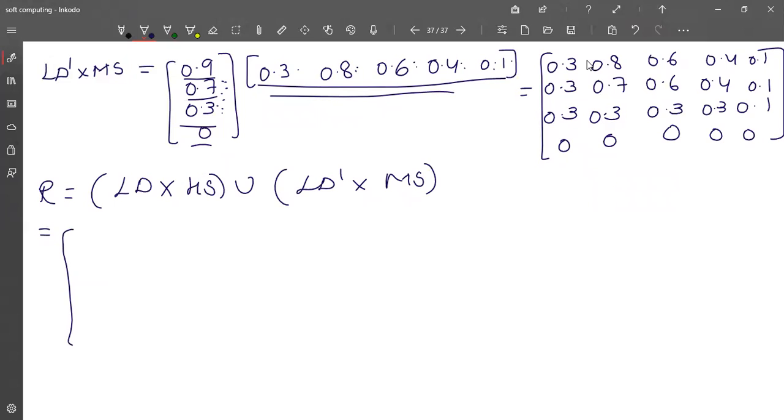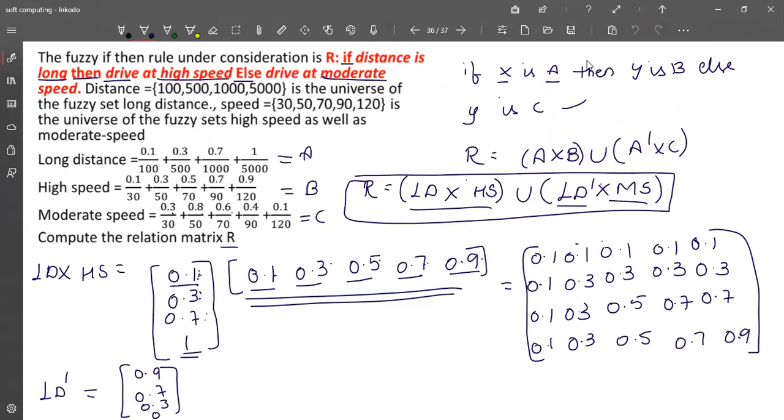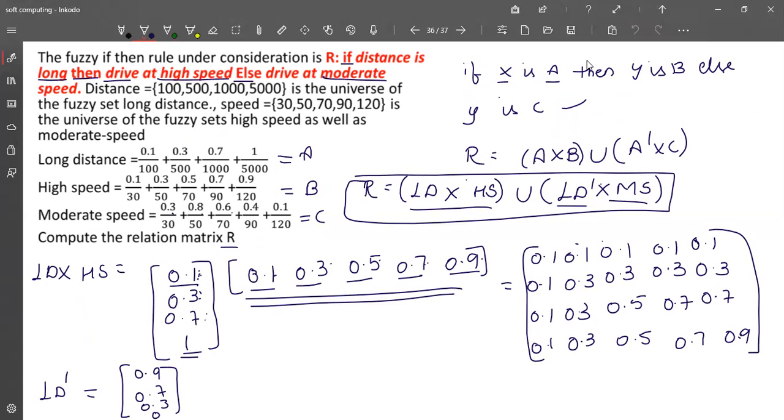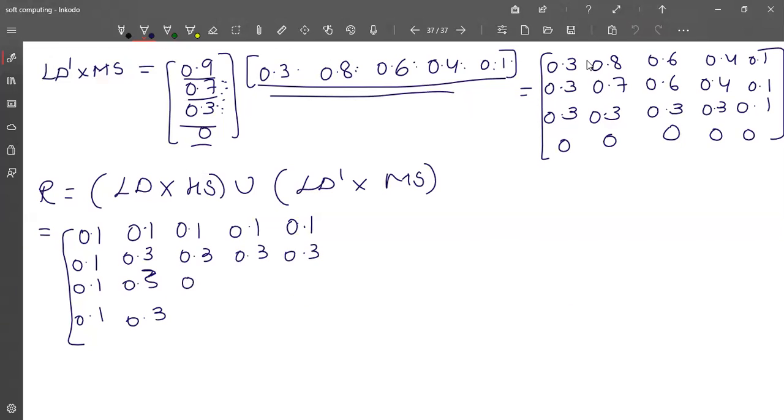So we write the first matrix, the Cartesian product of long distance and high speed, with rows 0.1 0.1 0.1 0.1 0.1; 0.1 0.3 0.3 0.3 0.3; 0.1 0.3 0.5 0.7 0.7; 0.1 0.3 0.5 0.7 0.9.